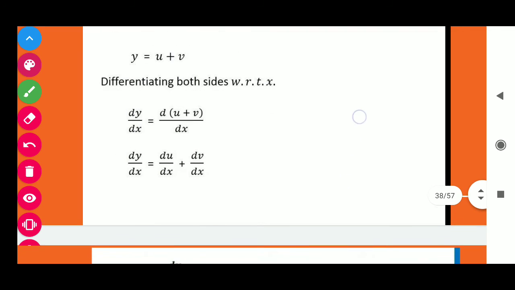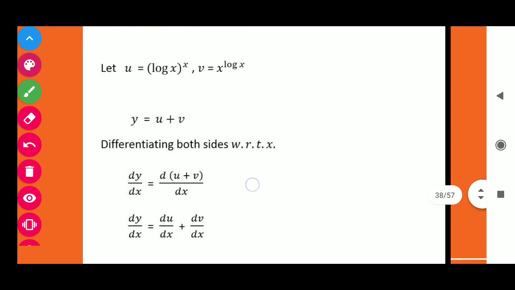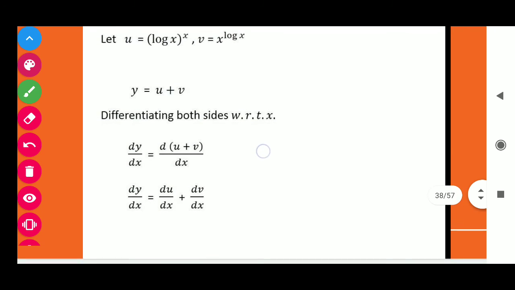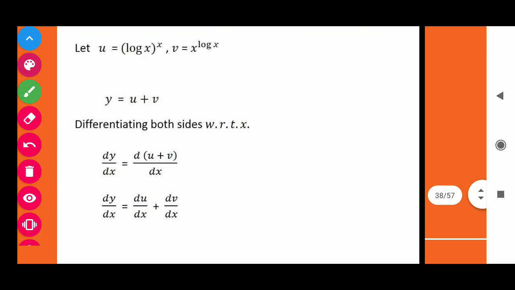So students, here u is log x raised to power x. So we will take its derivative separately, and v is x raised to power log x, and you will take its derivative separately, and after that you have to put these values in this equation.